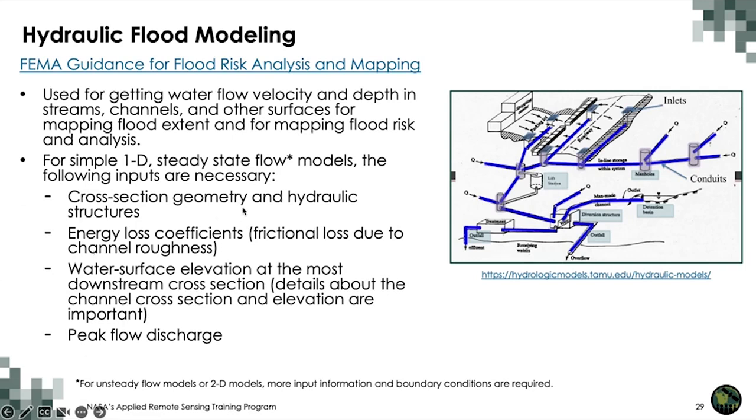First of all, cross-section geometry and hydraulic structure of the river channel system, energy loss coefficients due to frictional loss in channels due to channel roughness, and water surface elevation at the most downstream cross-section. So details about channel cross-section and elevation are very important in the river channel system. Also required is peak flow discharge for these channels.